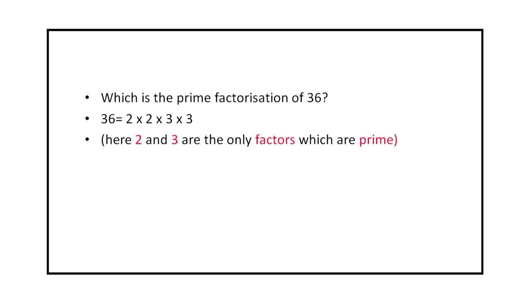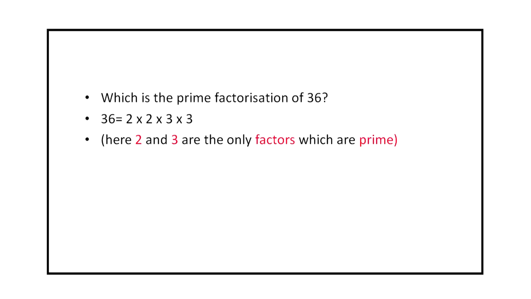Only those numbers are selected while determining the prime factorization, and hence among the above determined expressions for 36, 2 into 2 into 3 into 3 is the right answer for the prime factorization of 36. Please note that the numbers 2 and 3 are the only factors which are prime in this example.